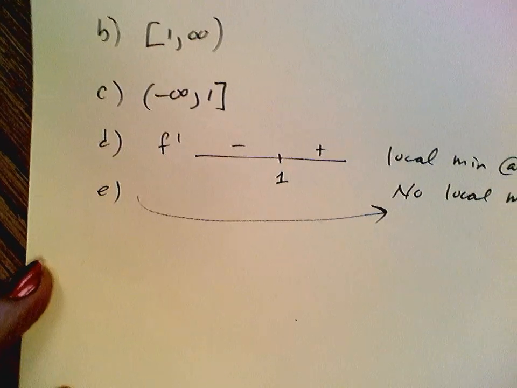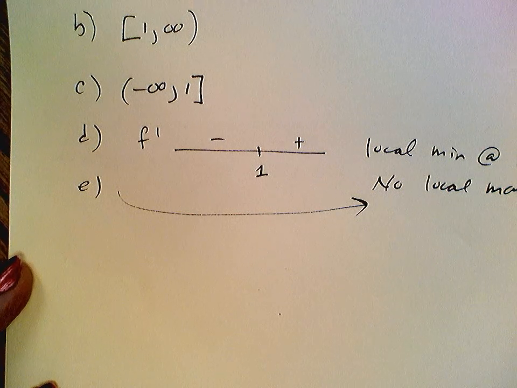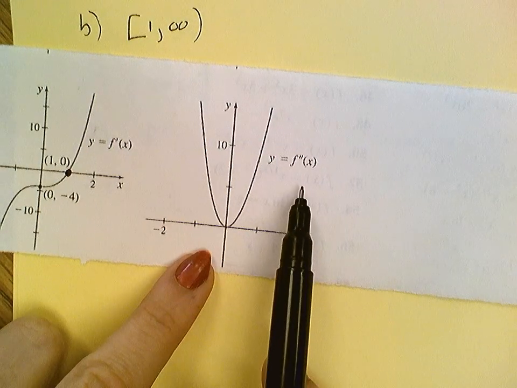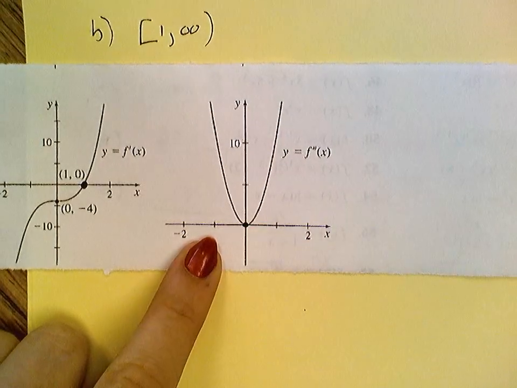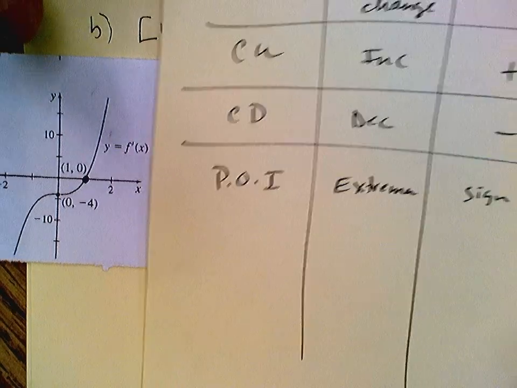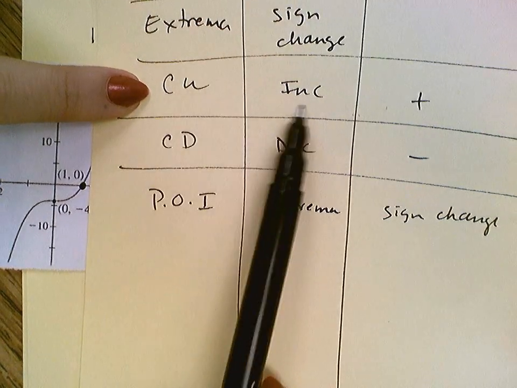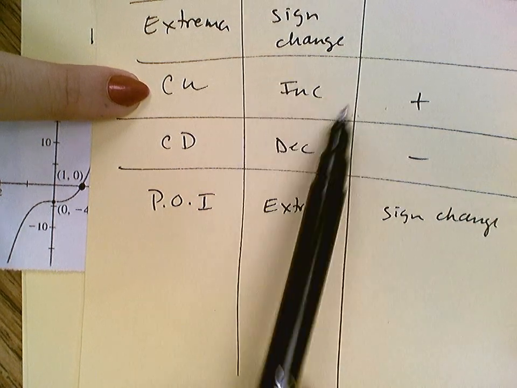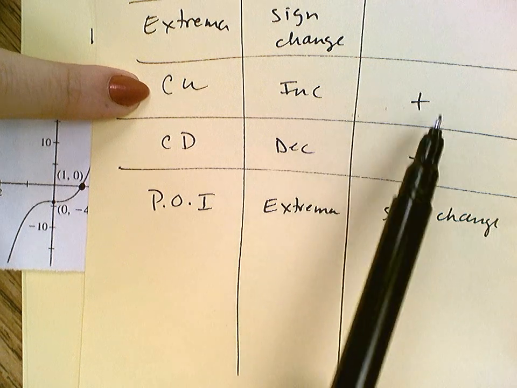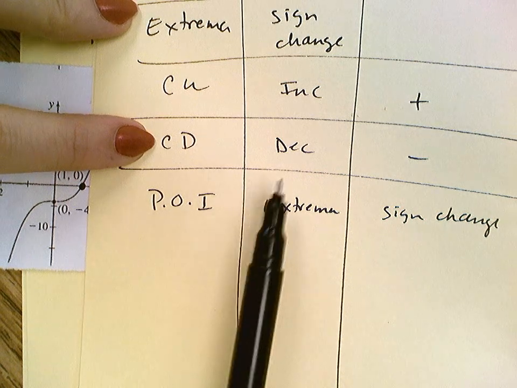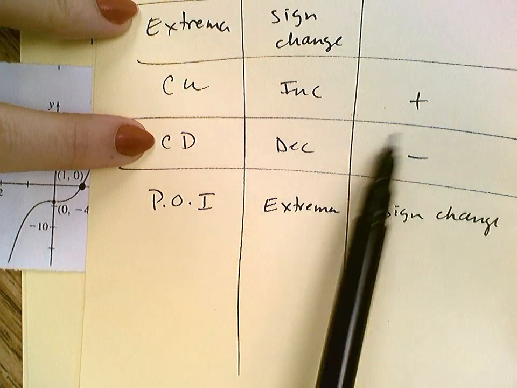D, no local max. Okay, so now F, G, and H, we're thinking about the f double prime graph here. Okay, so the f double prime graph. Where is f concave up? So f is concave up when f double prime is positive. Oh, you also could have used where f prime is increasing, because we have that graph as well. But it's where f double prime is positive, and then it'd be concave down where f double prime is negative.